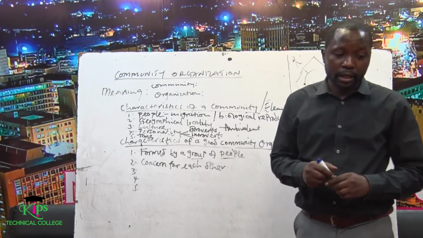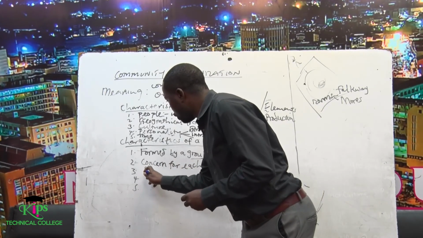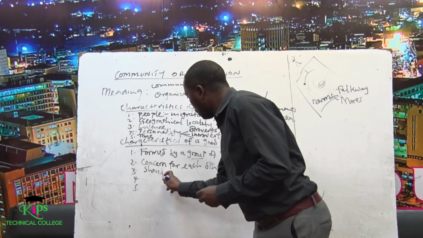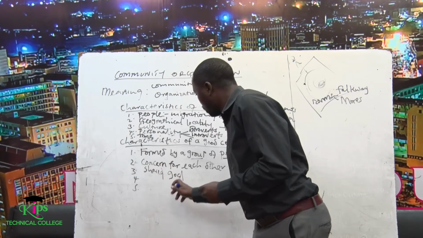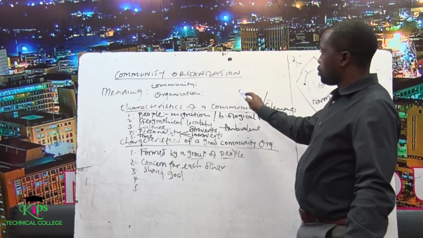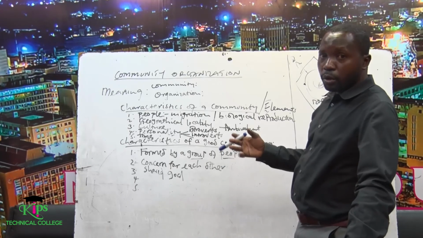Number 3 is there is a shared goal. So we have a shared goal. Just like the way we defined a community organization, we mentioned something to do with what? The common goal.